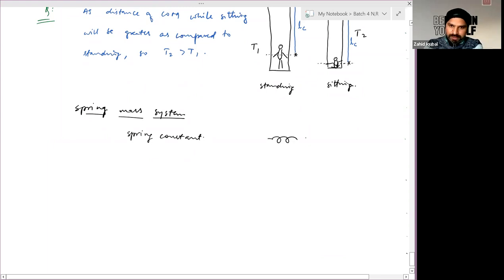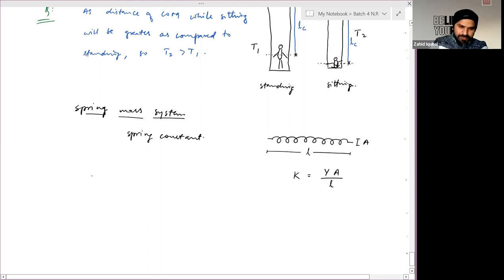Suppose a spring has area of cross section A and length L. So the spring constant K equals YA divided by L, where Y is elasticity, A is the area of cross section, and L is the length or natural length of this particular spring.